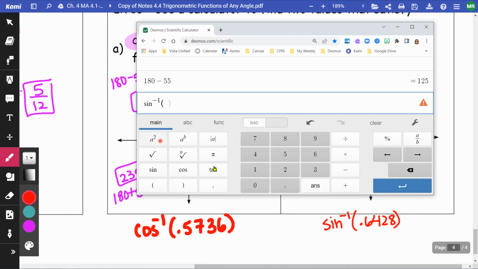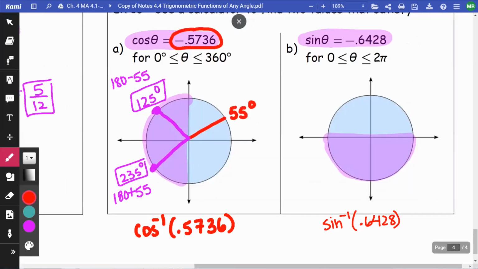When I type in 0.6428, again doing it as the positive, I end up with 0.6981. Now, if I click this here, I'm going to see that that's about 40 degrees, but I want the radians. So let's say it's about 0.70, because this 8 will push this up.